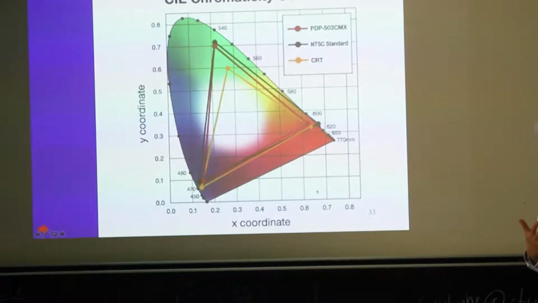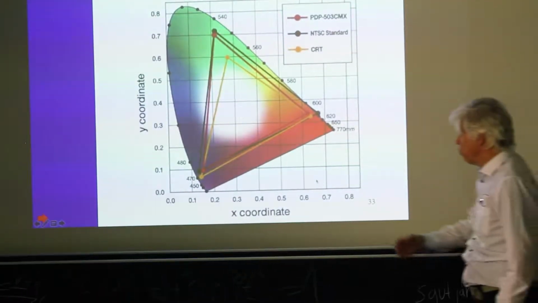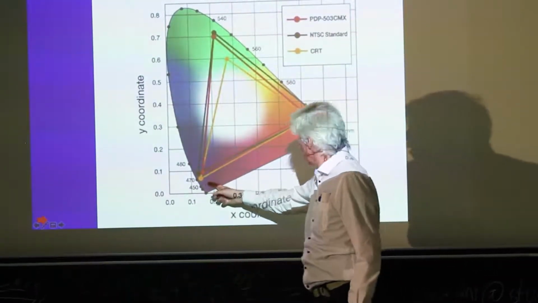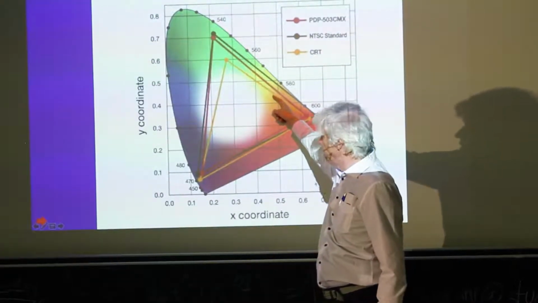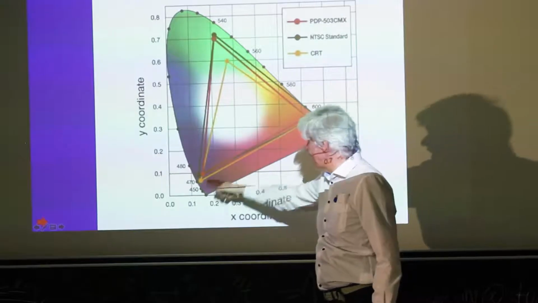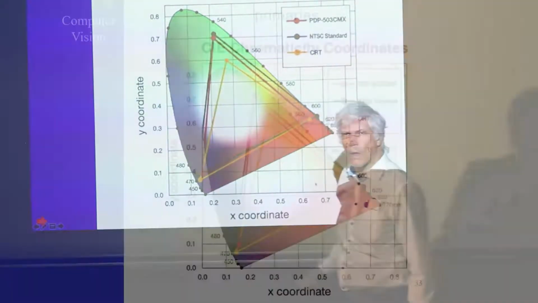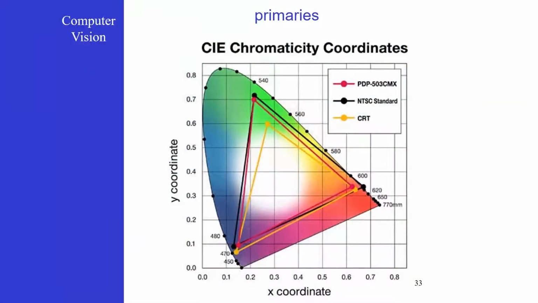So if you would, for instance, make a bad choice, you would choose one primary in the blue area, one red here, and let's say one orange, you would only be able to generate colors in that triangle. So many colors would fall out. You would not be able to generate a single green, for instance, in this additional system.